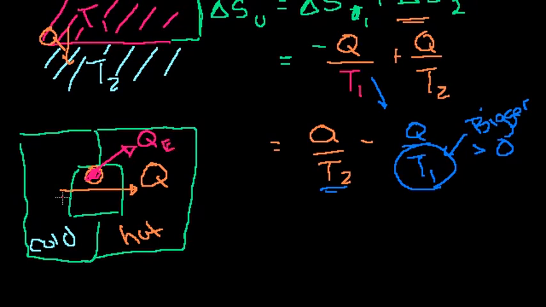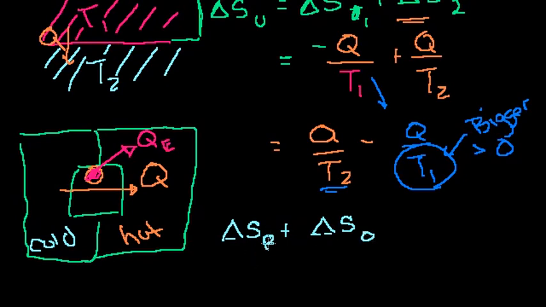So if you wanted to figure out the total entropy created, total entropy for the universe, it would be the entropy of the cold room, plus the change in entropy for outside. I'll call it outside.